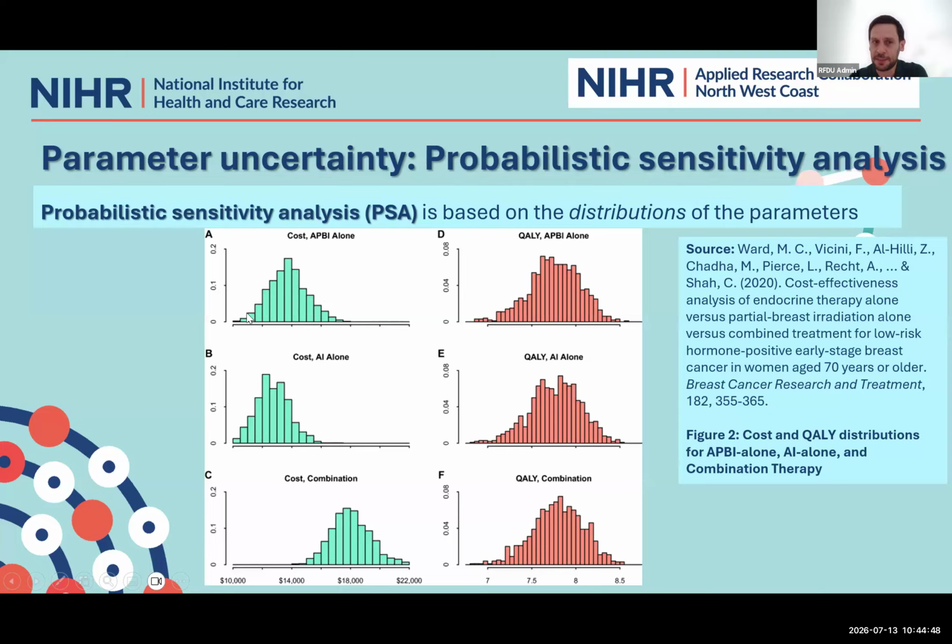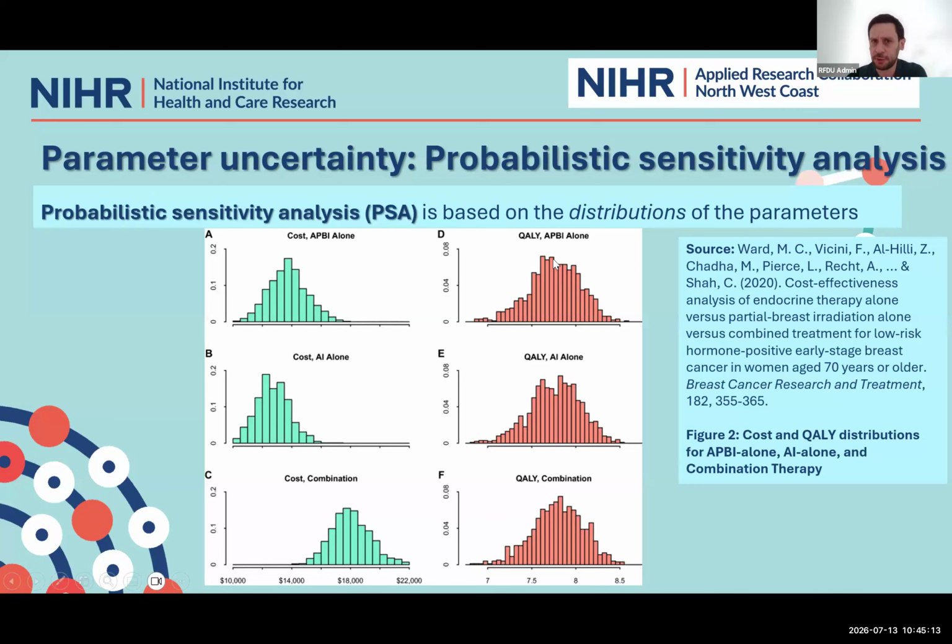Of course, there might be some extreme values like here, which are quite unlikely and implausible, so they will probably not be so realistic. But at the same time, as I mentioned before, there are other values for costs which are important to take into account because they're very much plausible and they could reflect what might happen in the real world.